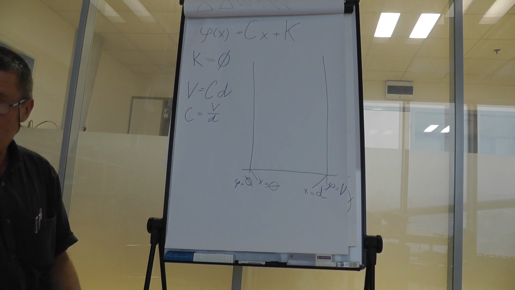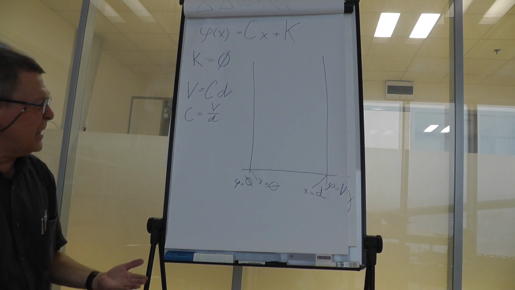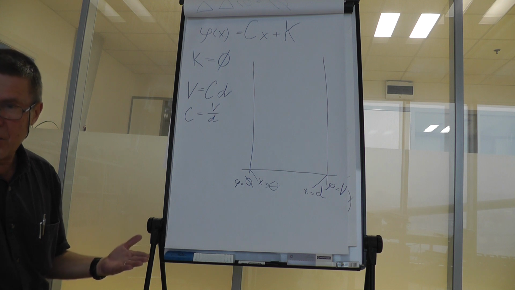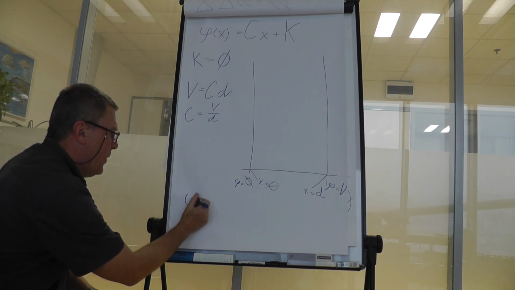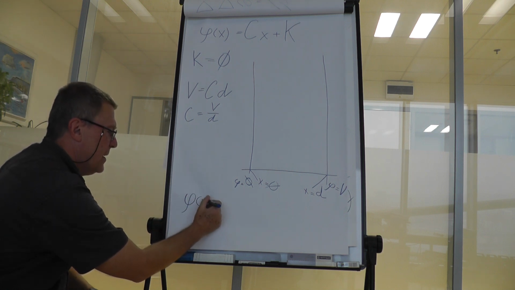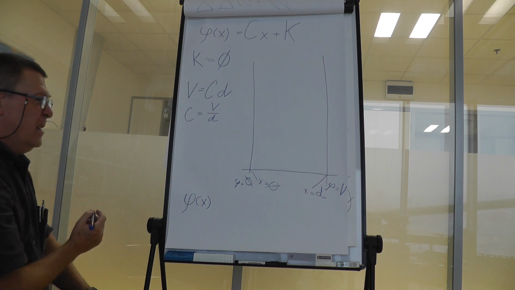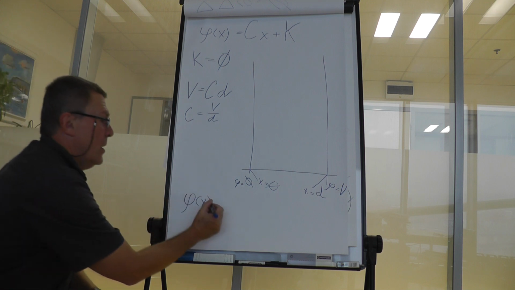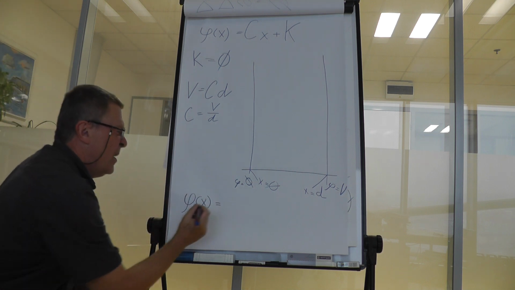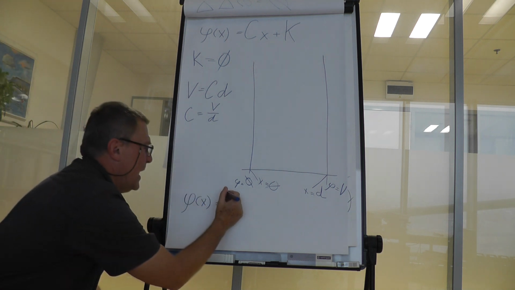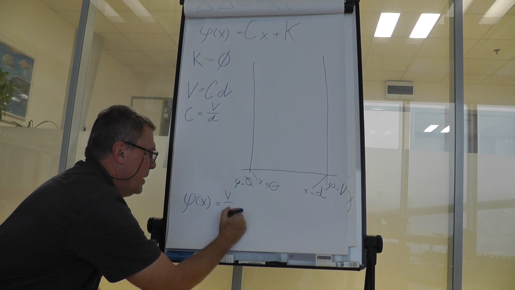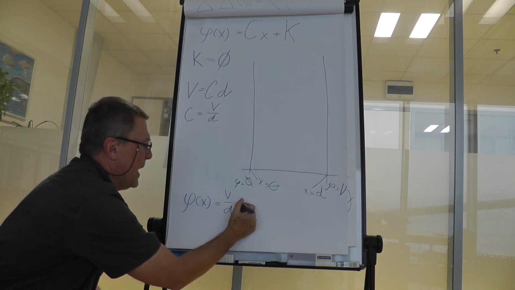Well, that's simple, and we can now write the final solution to this problem, which is the potential phi as a function of x is v over d multiplied by x.